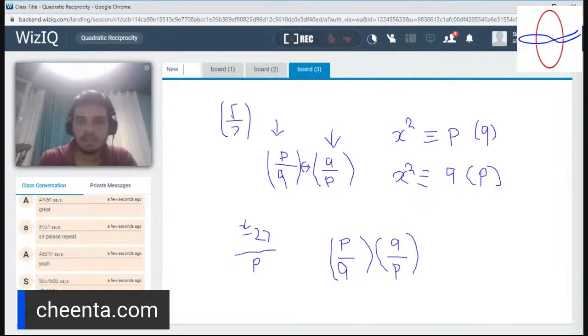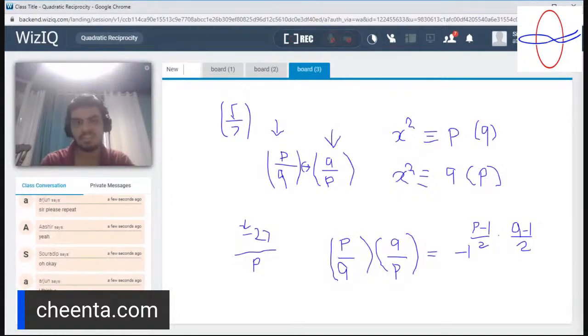And this is equal to minus 1 raised to P minus 1 times Q minus 1.